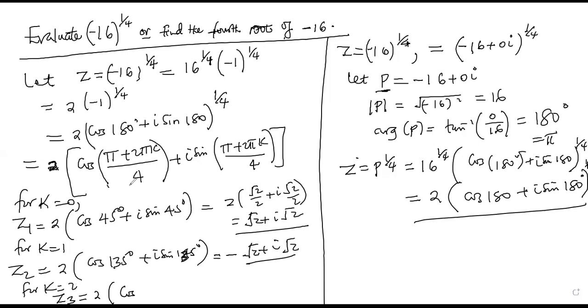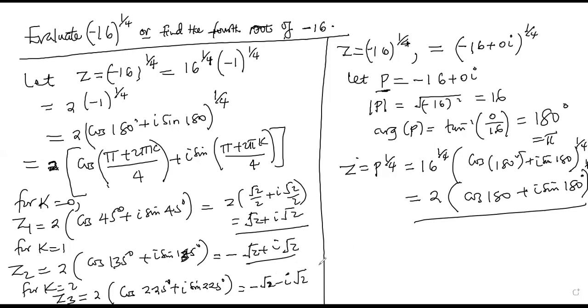Or you can leave everything in pi, still it is okay. So cos 225 plus i sine 225 degrees. This is going to give you negative root 2 minus i root 2.